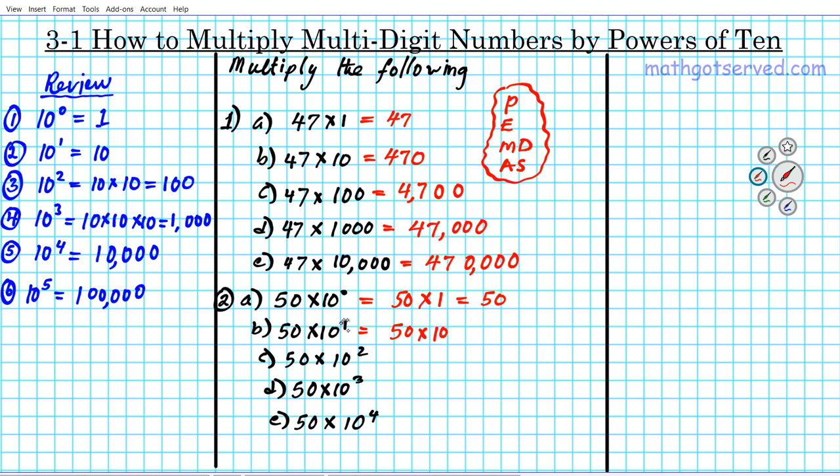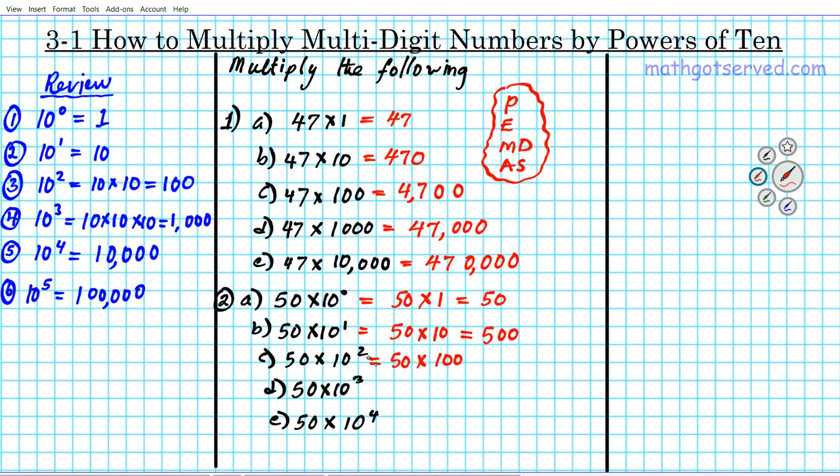Remember, the power tells you how many zeros the power of 10 will have in its expanded form. Okay, so 50 times 10 is going to be 50, and then you add on the 0 from the 10. That's your answer.